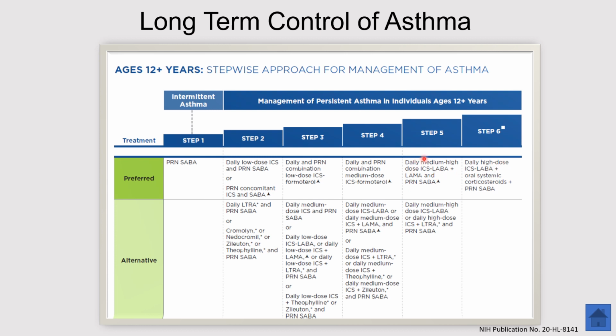And then if the symptoms are still not controlled, they're going to go to high dose steroids, LABA, and an oral systemic corticosteroid. In addition to the inhaled corticosteroid, they're going to give oral corticosteroid because that's a little bit more effective because it's systemically absorbed, right? So I'm just giving you an overview of the use of the SABA and the LABA.